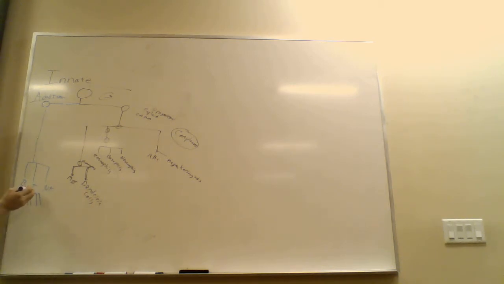Okay? So we're going to call this helper 1, helper 2, 17, just T17, TH17, and the other one is Treg.